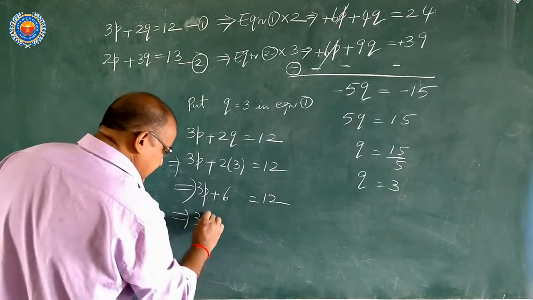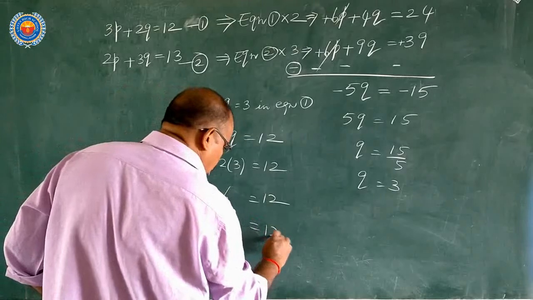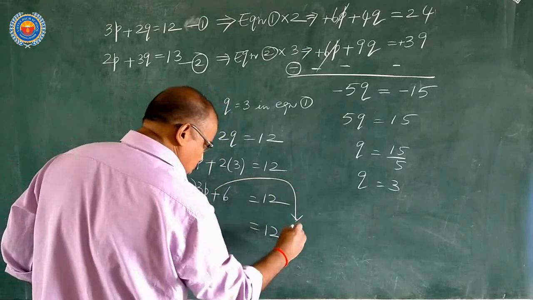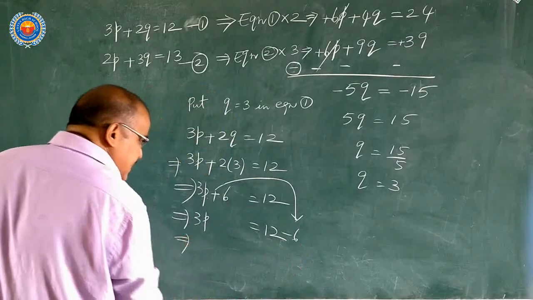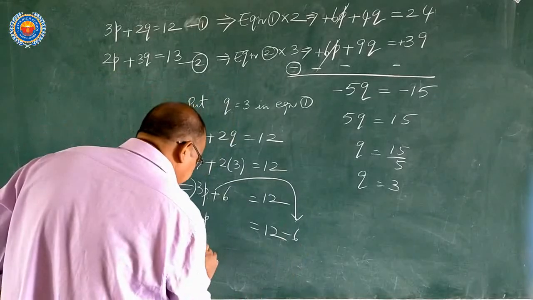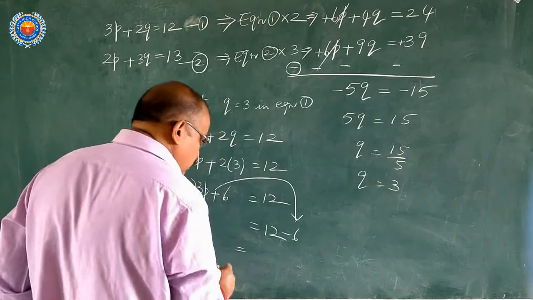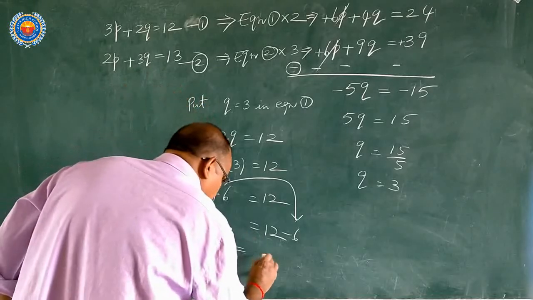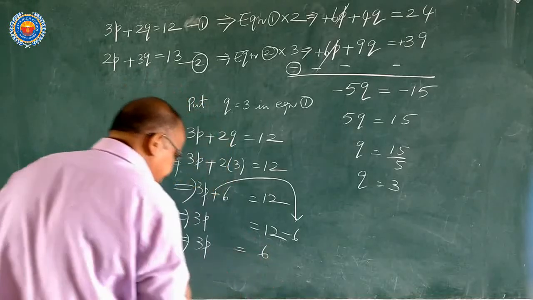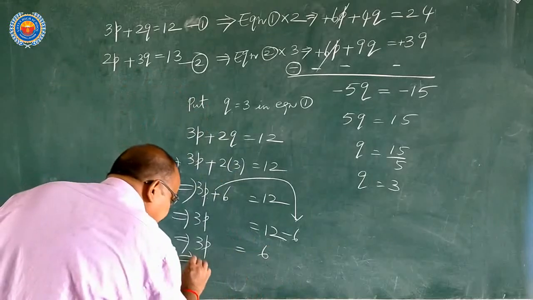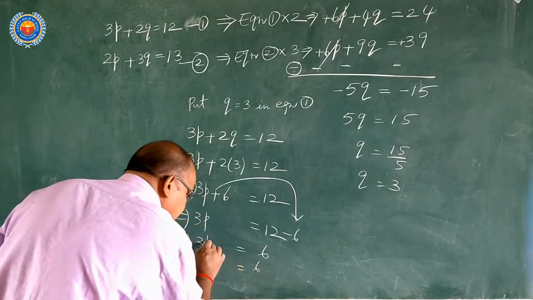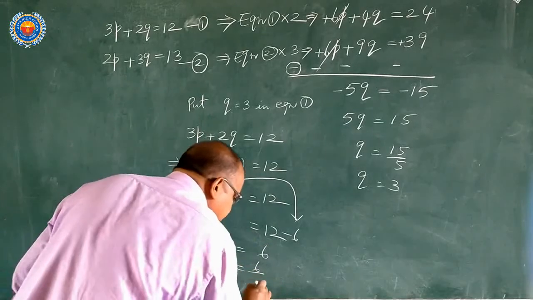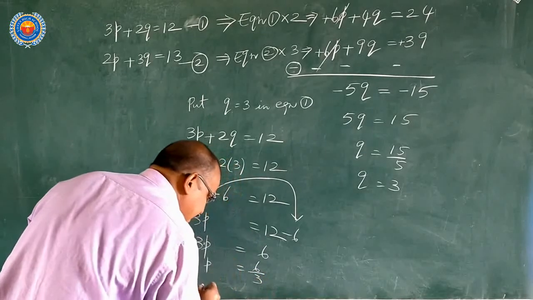That implies 3p is equal to 12 minus 6, that is nothing but 3p is equal to 6. That implies p is equal to 6 divided by 3, since 3 will be transposed from LHS to RHS.